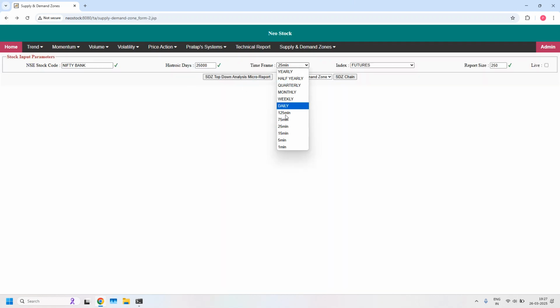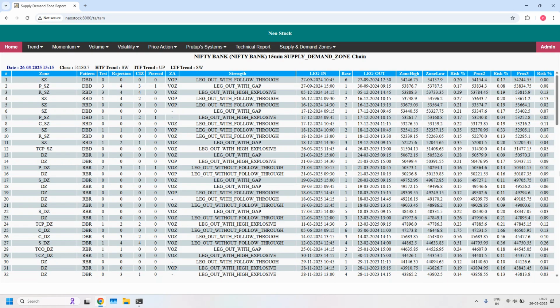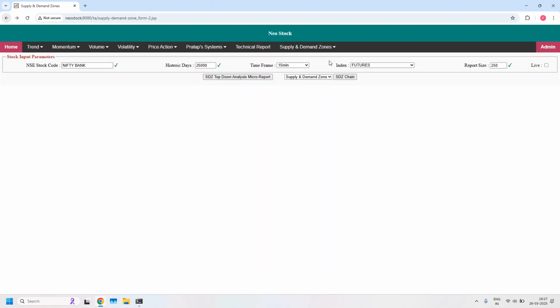Next, generating 15-minute supply demand zone chain for Bank Nifty. Next, generating 5-minute supply demand zone chain for Bank Nifty.